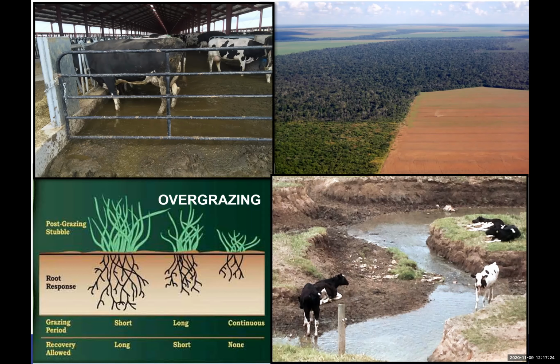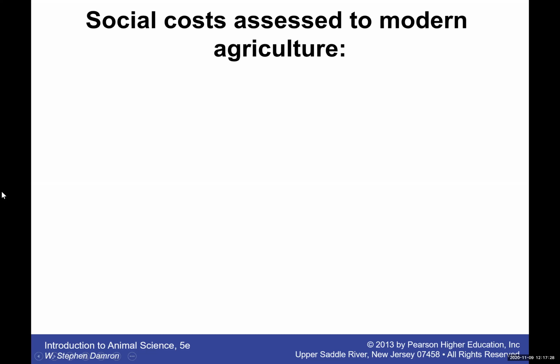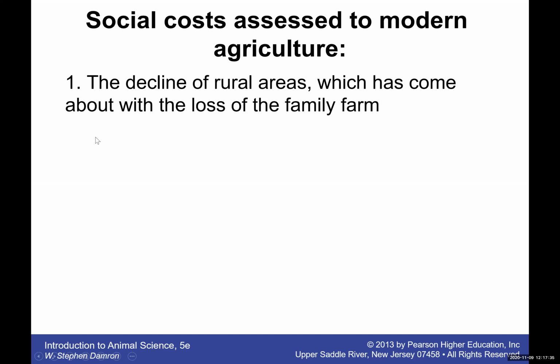Great. Perfect, guys. We're going to move on then. In addition to these environmental costs, we have social costs associated with these agricultural systems. We see a decline in rural areas, and this is often seen with the loss of the family farm.